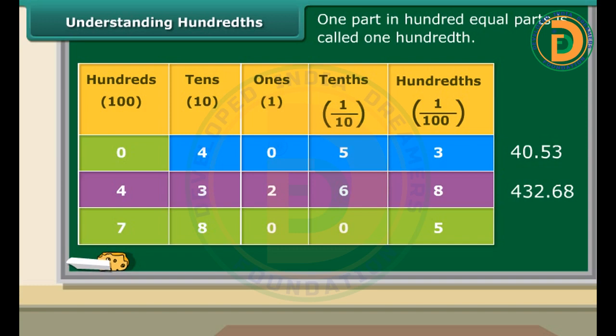Now pay attention to the third row. 7 hundredths plus 8 tens plus 5 hundredths will make 780.05. We can extend the place value table further from hundredths to thousands.